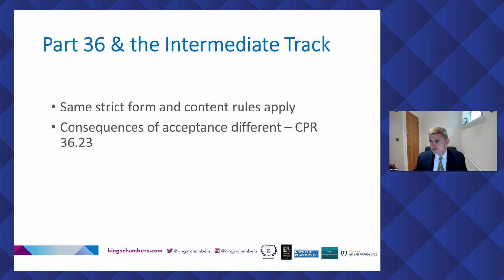The difference comes in the consequences of the offers, which is dealt with under 36.23, which we'll come on to in stages. Essentially, the key thing to remember with 36.23 is that it's 36.17 supplemented, and this applies and overrides 36.17 in certain areas.